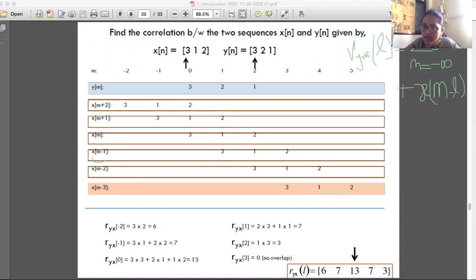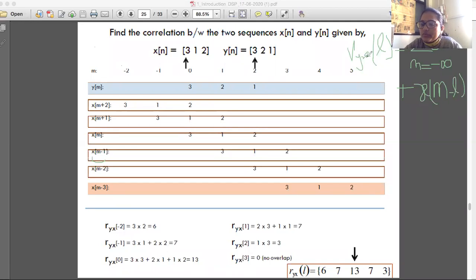As y is the first sequence we have taken, this is represented as gamma y x. The first sequence that we have considered is y, and the second sequence that we have considered is x.